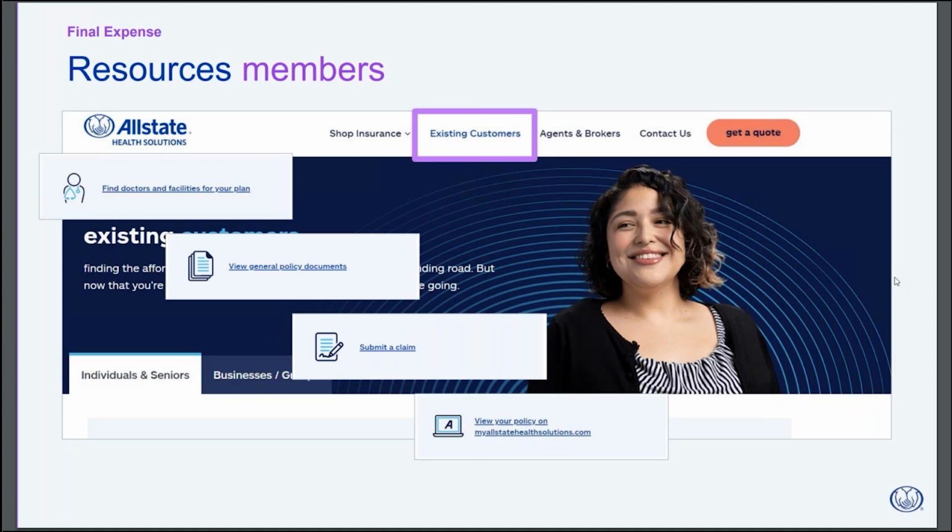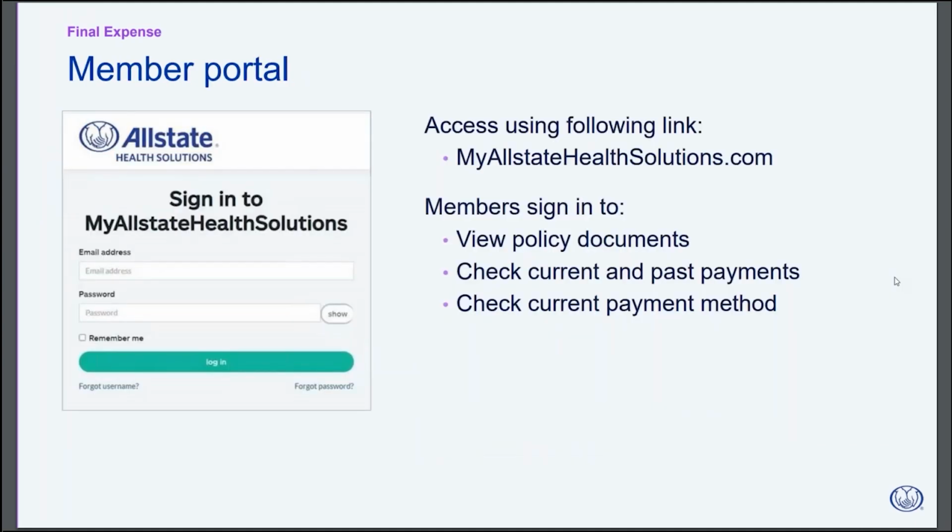Existing customers. So find doctors and facilities for your plan. Let's see, view general policy documents, submit a claim. So we got a couple things there. All right, it looks like they have a member portal. Access using the following link, myhealthsolutions.com.